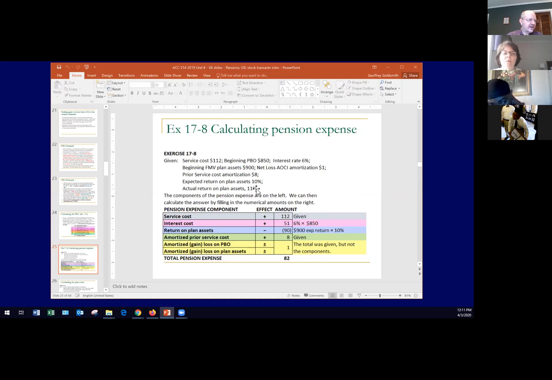Actual return on plan assets, the beginning balance of the, 900 million, let me back up. Beginning balance of the plan assets was 900 million. It increased by 11%.